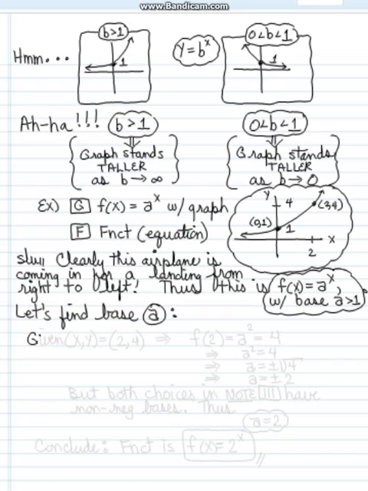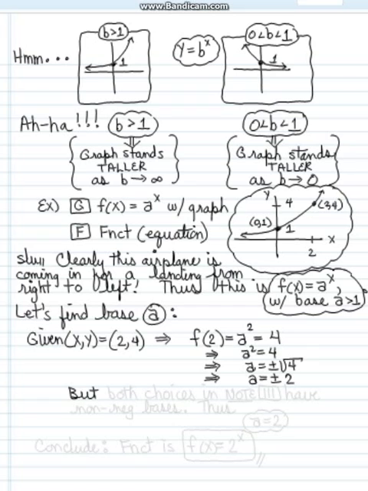Okay, we're given an ordered pair, x, y equals 2, 4. So we know that when we evaluate f of 2, which is a to the second power, it's got to equal 4. Great, a to the second power equals 4. Let's find out what a is. Take plus or minus the square root of both sides. We get a equals plus or minus the square root of 4, which is plus or minus 2.